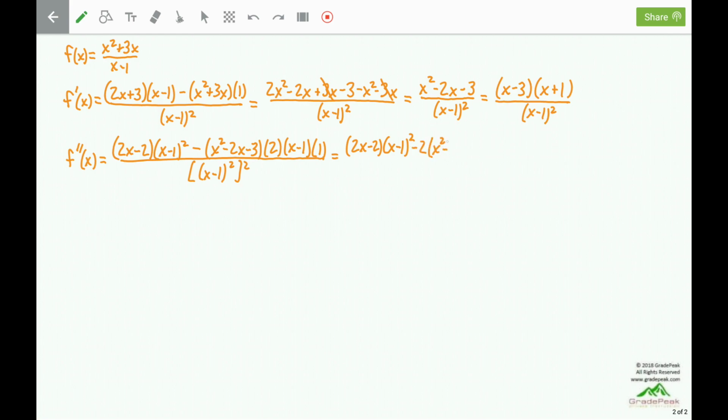We have an x squared minus 2x minus 3, and we have an x minus 1. And all of this is over x minus 1 squared and then squared again, in which case we multiply the exponents. 2 times 2 is a 4.